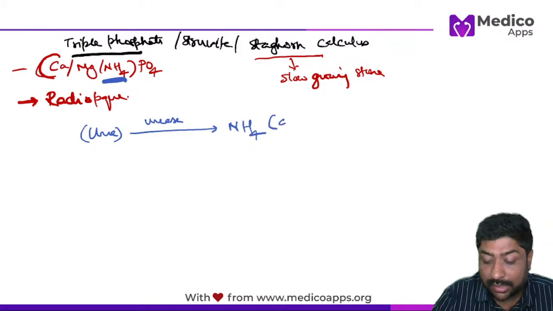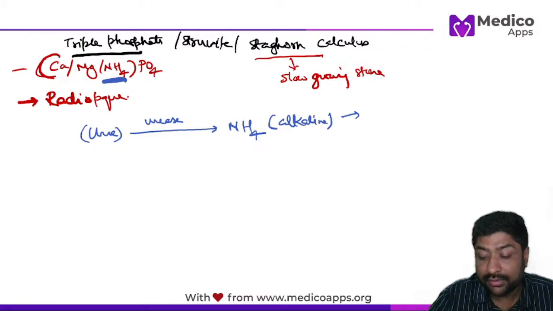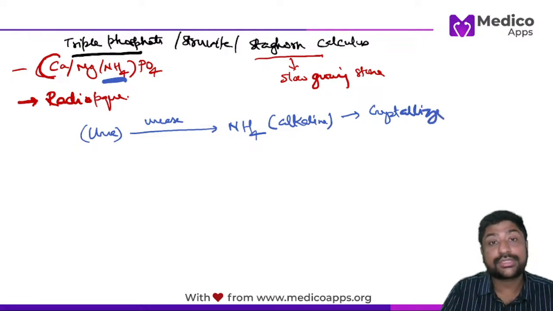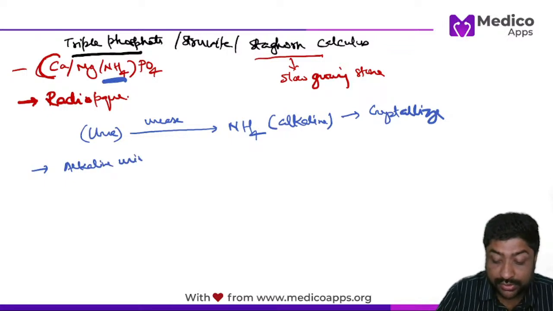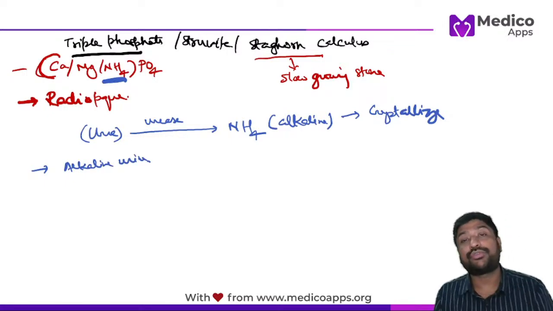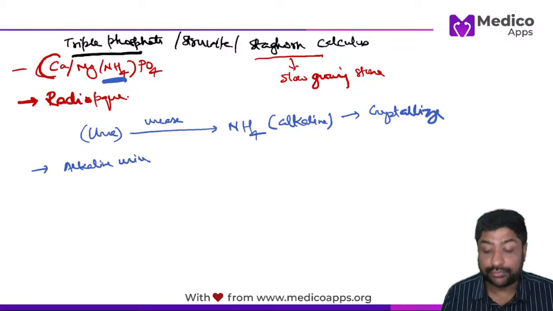And remember, this ammonium is alkaline, and it will crystallize and form stones. So first of all, it is seen in alkaline urine. In these cases, acidification of urine will lead to dissolution of this stone.